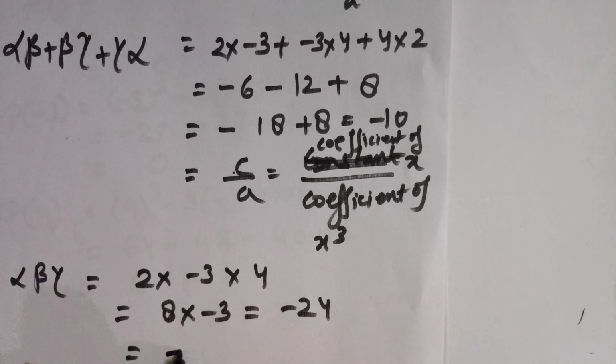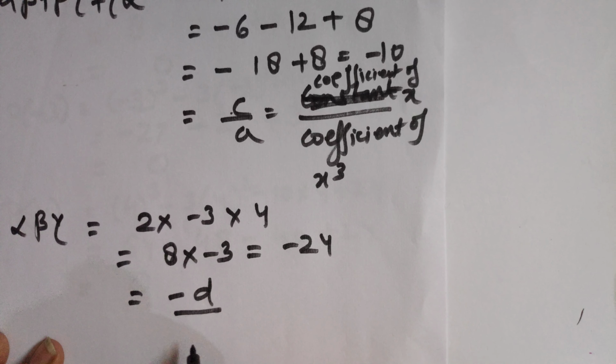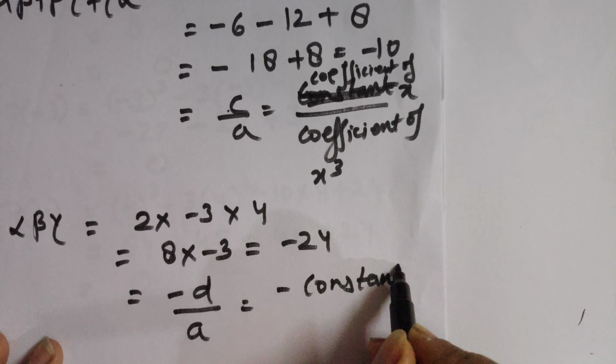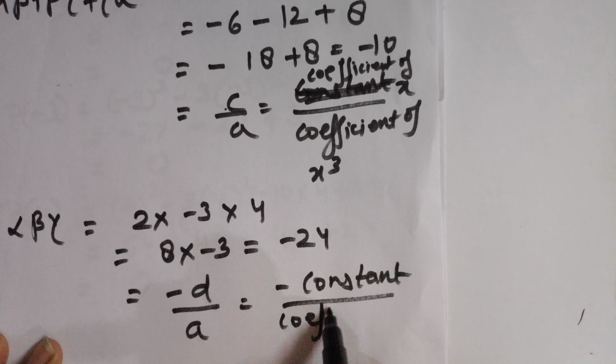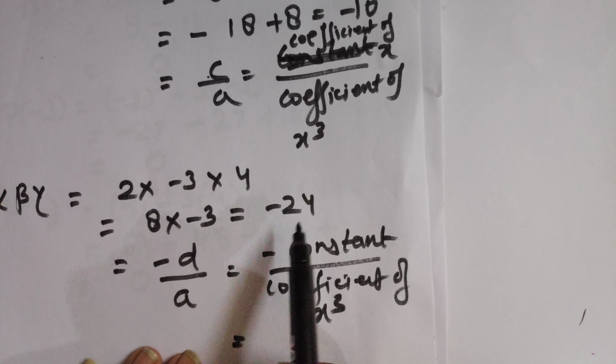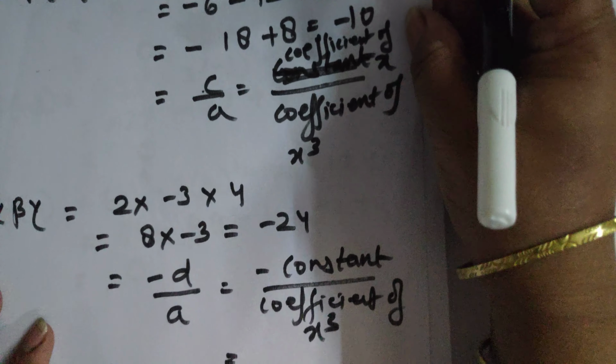That should be equal to -d upon a, that is, -constant upon coefficient of x³. Let's compare with the polynomial that is given to us. We have got -24.